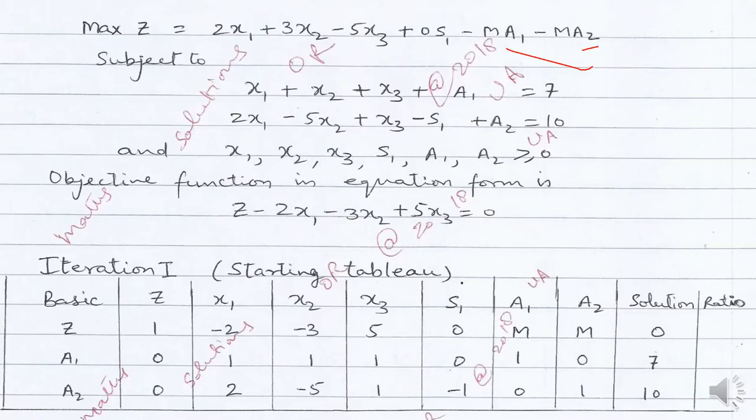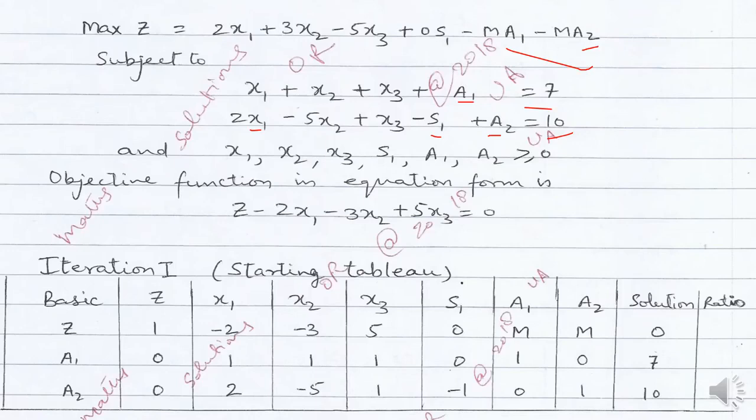So the first constraint is x1 plus x2 plus x3 plus a1, this is the artificial variable, is equal to 7, and the second constraint is 2x1 minus 5x2 plus x3 minus s1, this is surplus, plus a2, this is the artificial variable, is equal to 10, and x1, x2, x3, s1, a1, a2 are greater than or equal to 0.